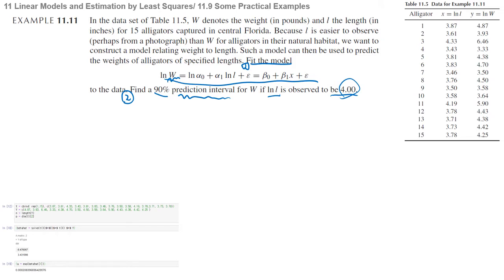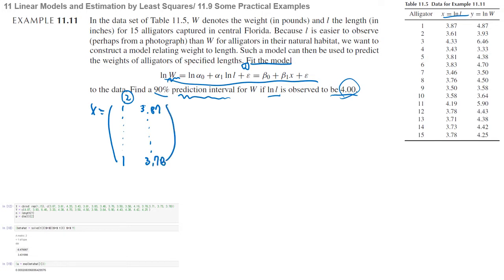This time I tried to solve it using matrix form. We can define our matrix X with a first column of 15 ones, and the second column representing x, which is ln L: 3.87, 3.78, and so on.